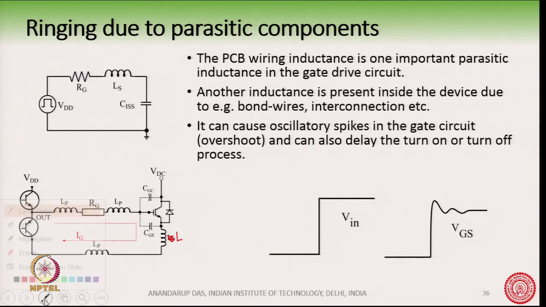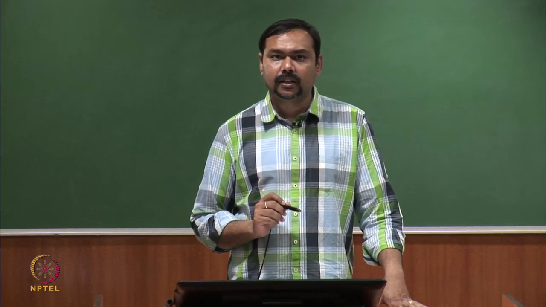So, this one should be VGE. This voltage will be oscillating in nature. This is because of the parasitic inductances in the circuit, but it must be kept in mind.